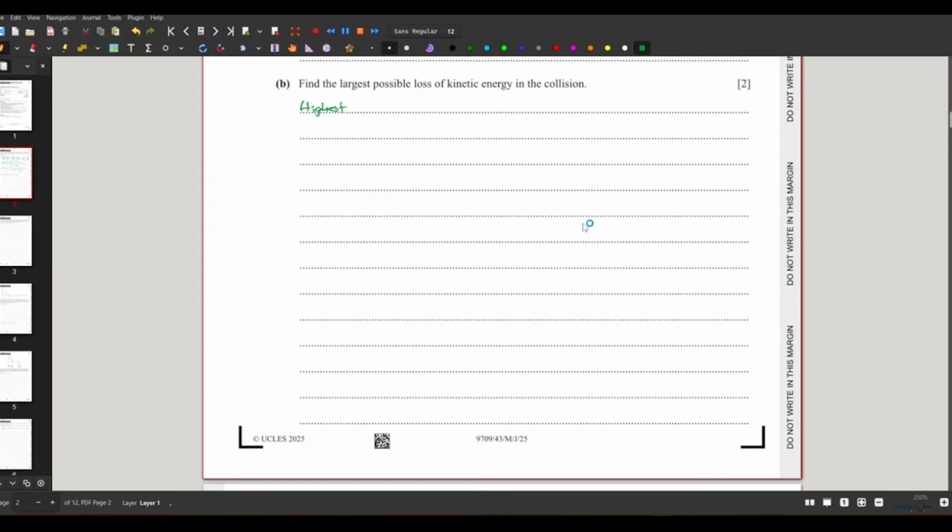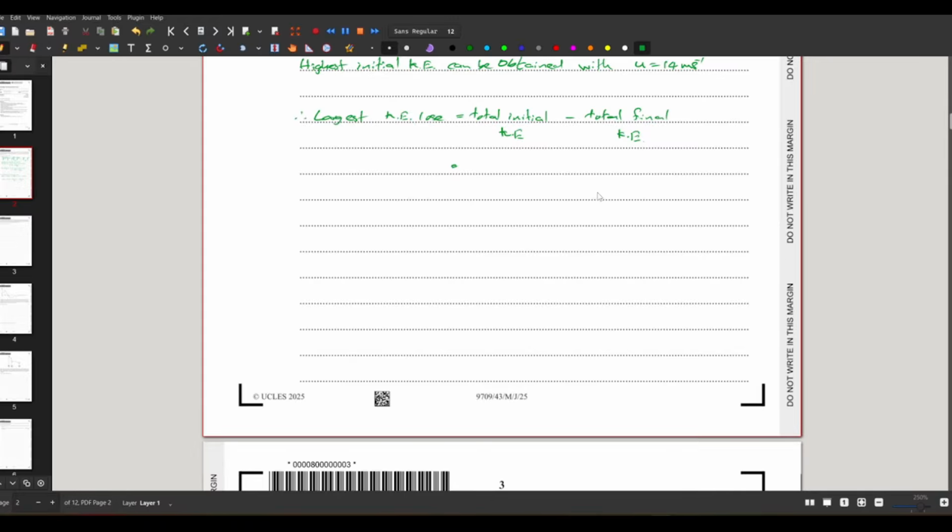So in that case, for total initial kinetic energy we have to use 14. If we apply for particle P, the mass is 0.1 times the velocity is 4 times 14, because the velocity was 4u, plus for particle Q, mass is 0.3 and the velocity was u, so therefore here you have to use only 14.